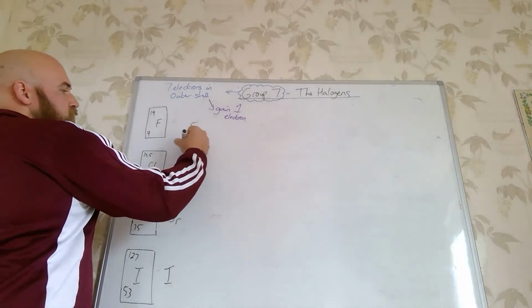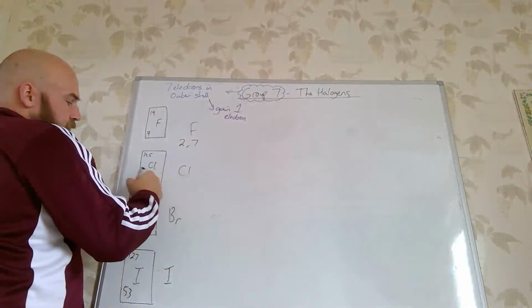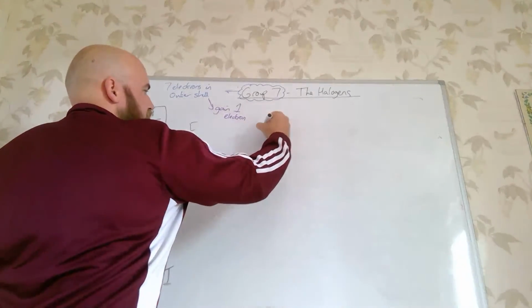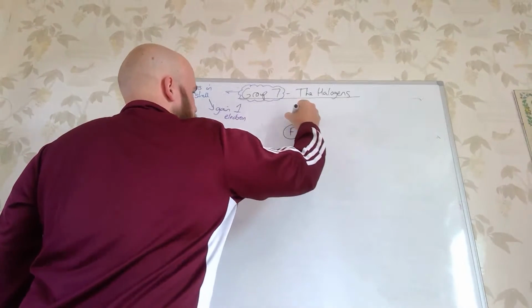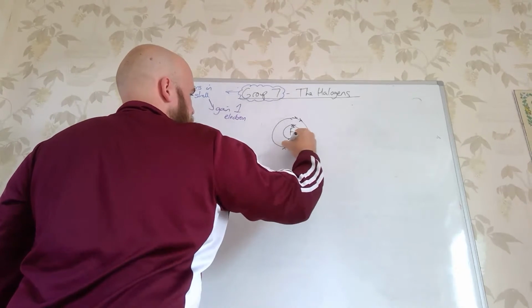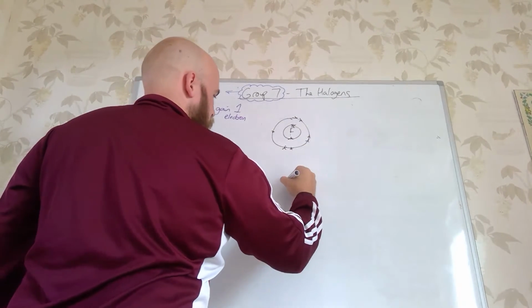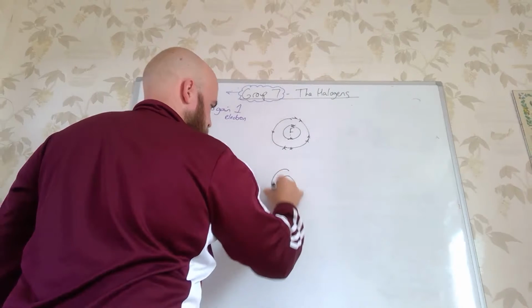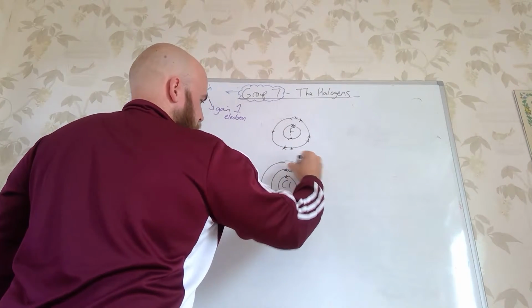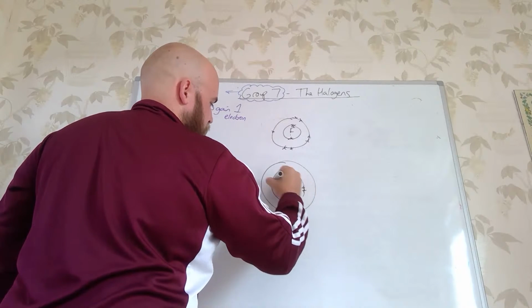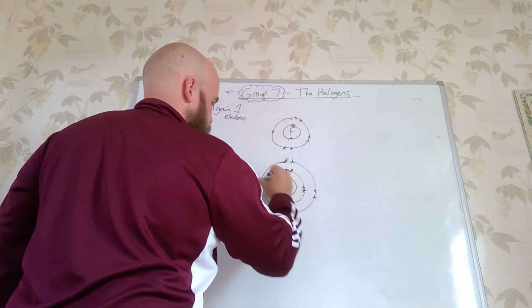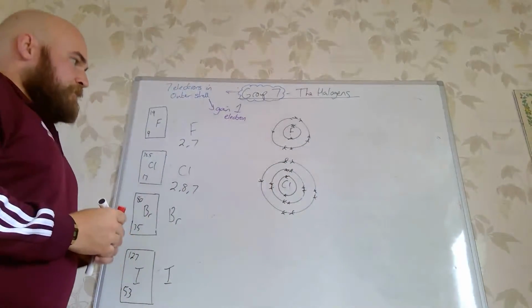So 9 electrons, 2 in the first shell, 7 in the second. Chlorine would be 2, 8, 7. So let me just draw those out. And chlorine. Okay, so there we go.